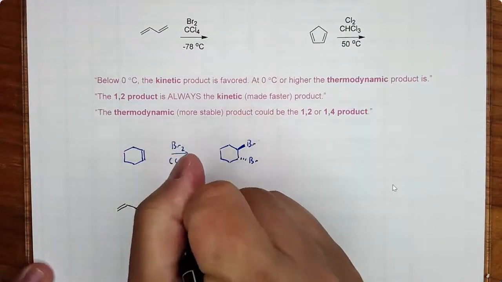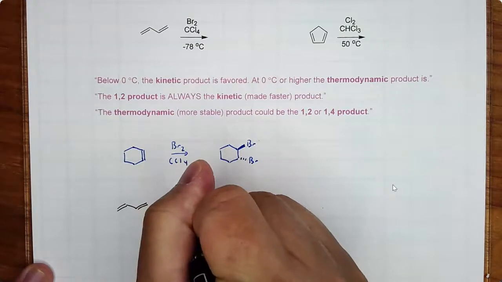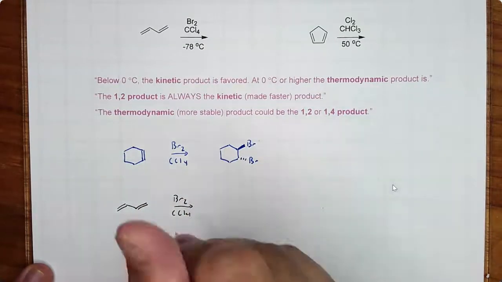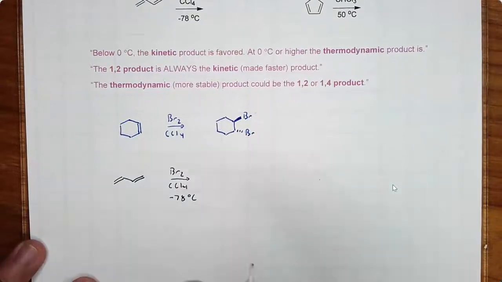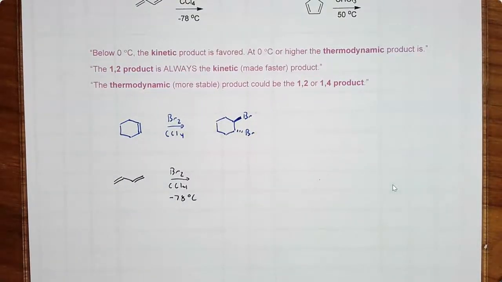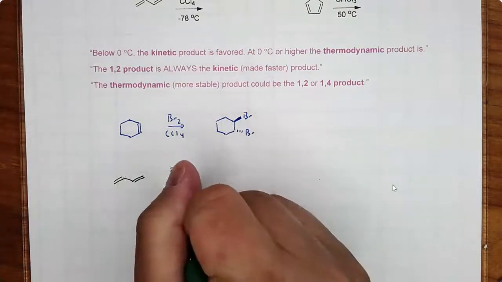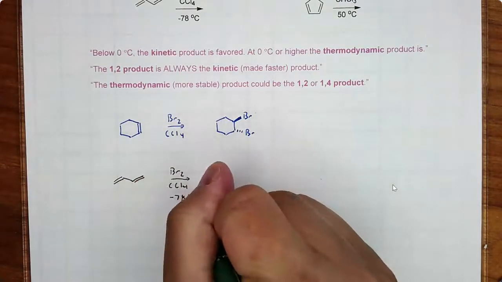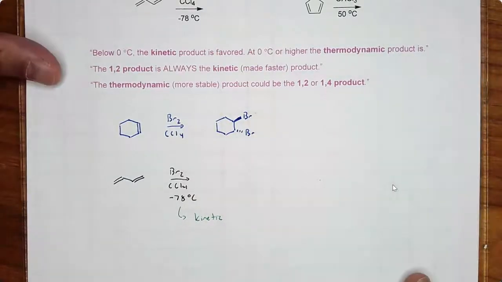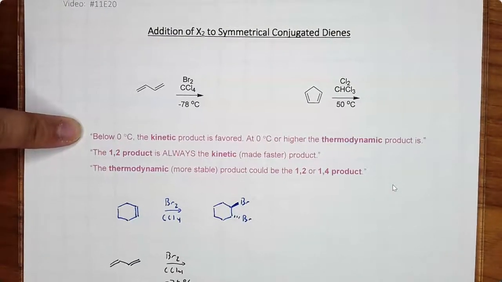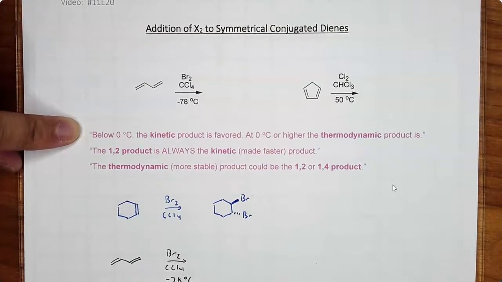We have Br2, carbon tetrachloride as a solvent, and this is important: we're running this under very cold conditions, -78 degrees C. So right off the bat, we're going to choose the kinetic product. The temperature tells me whether we want the kinetic or the thermodynamic as the major product.